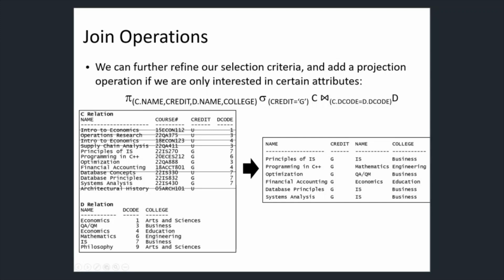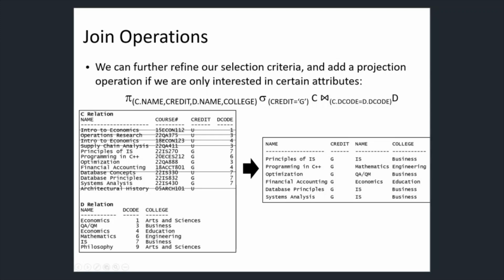Here we begin to see the power of relational algebra, where we combine selection, projection, and a join to obtain our third relation. In this example, we want to project only C name, credit, D name, and college.